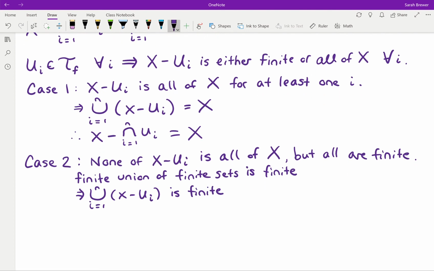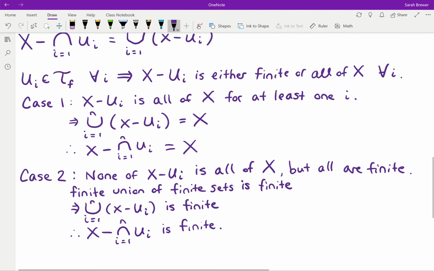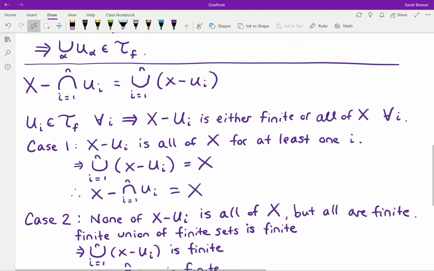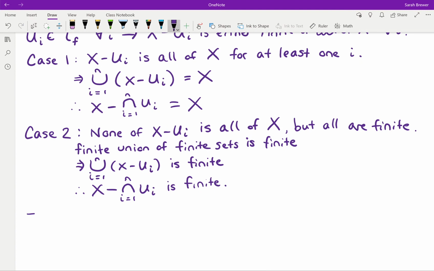and therefore the complement of that intersection will be finite. And so that gives us that our finite intersections are in our topology.